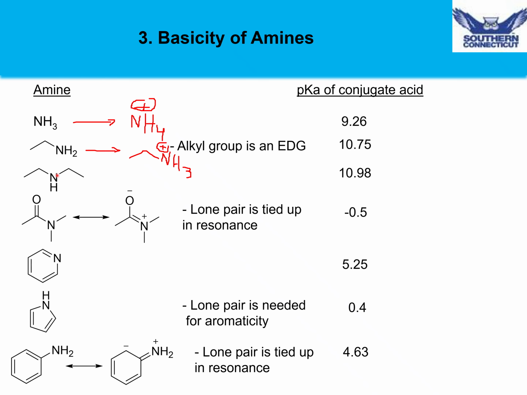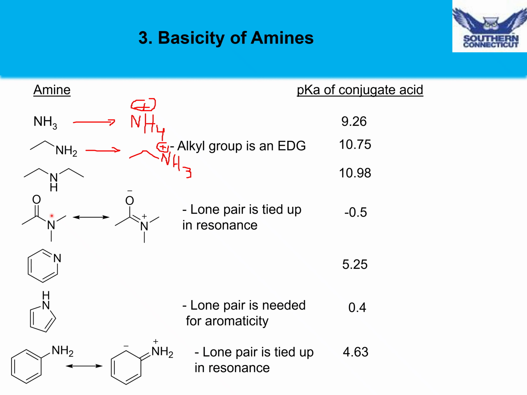The next example follows the same trend. So we have diethylamine, two ethyl groups, which are both electron donating. So the pKa value of the conjugate acid is slightly higher, which means the base is slightly stronger than ethylamine and also ammonia. The next example is a typical amide. This nitrogen on the amide is tied up in resonance with the carbonyl.